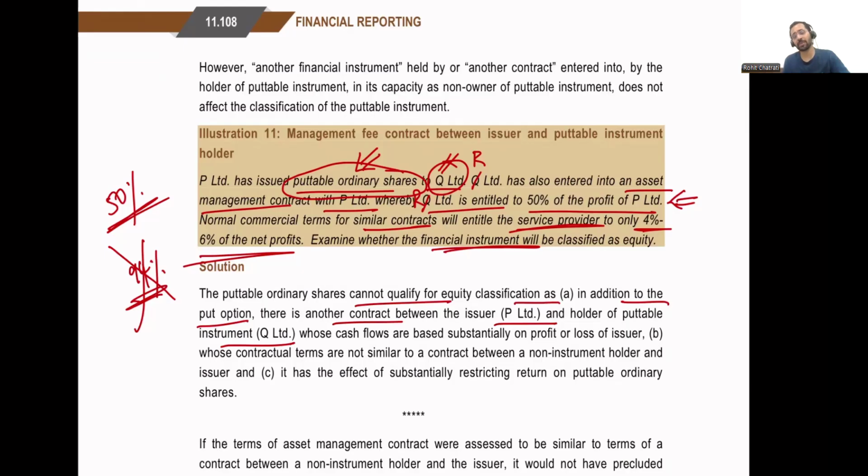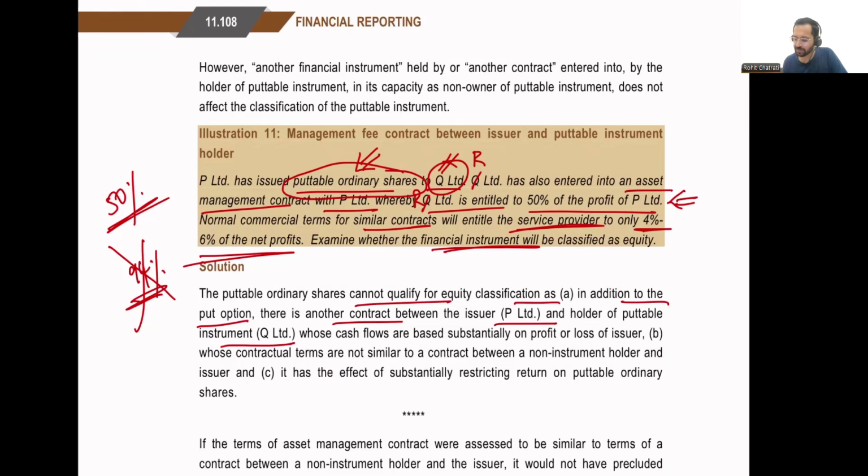Just because the same ordinary shareholder is having another contract, it does not mean that it can be classified as equity. Whether the contract is with Q or with R, because there is a parallel contract having the same profit participation features, the ordinary shares that Q Limited is holding are not going to be classified as equity.